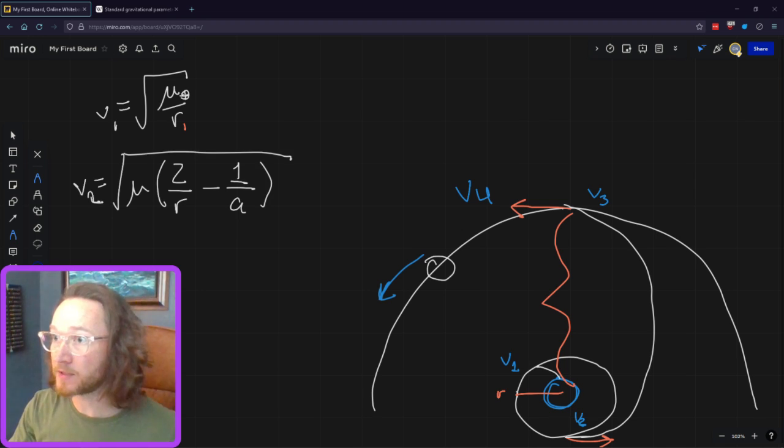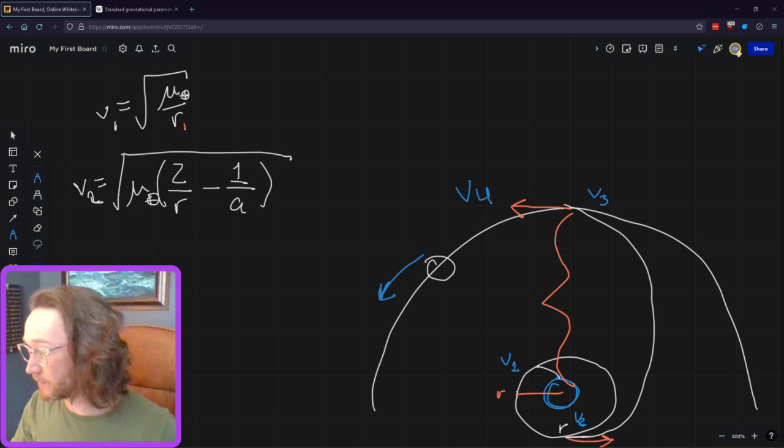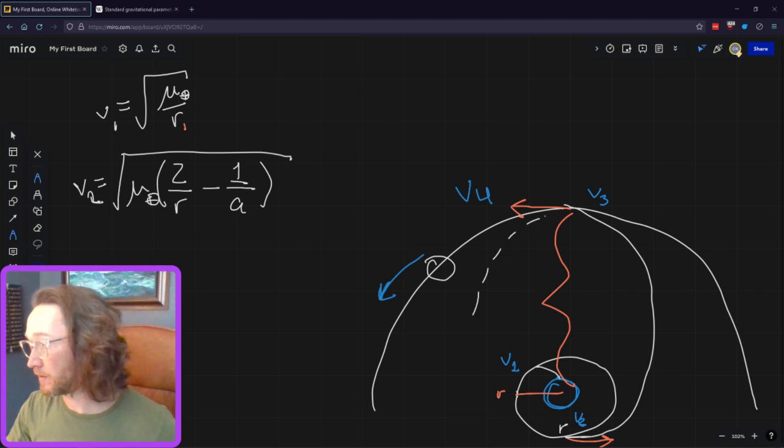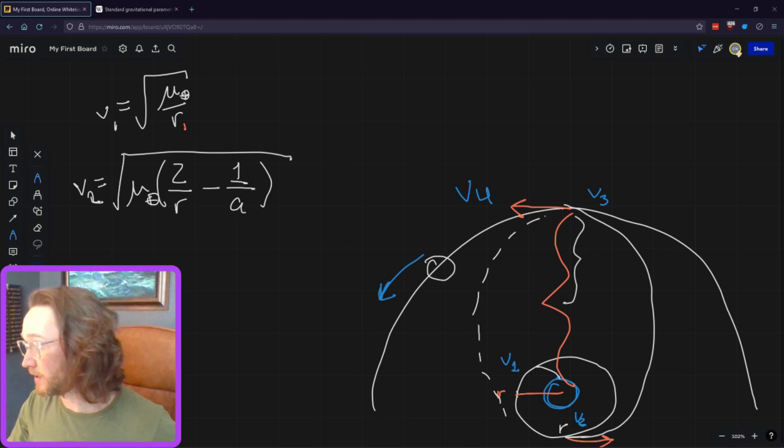Again, where mu is the Earth mu, r is where we are at the beginning of our transfer, and a is the semi-major axis of this shape right here. And I will dot this out again and illustrate: a is right here.